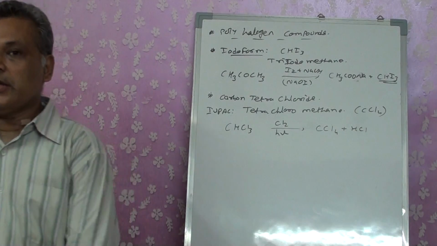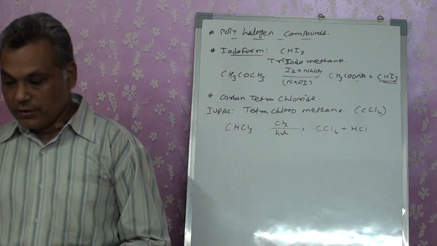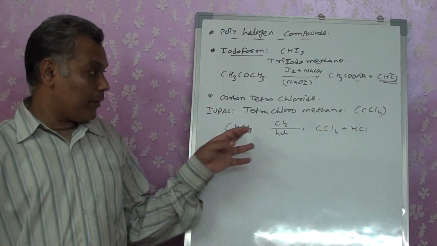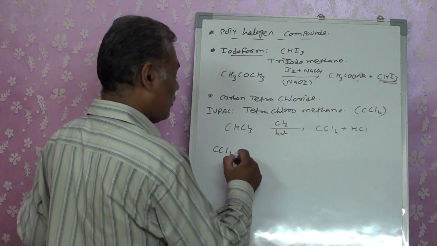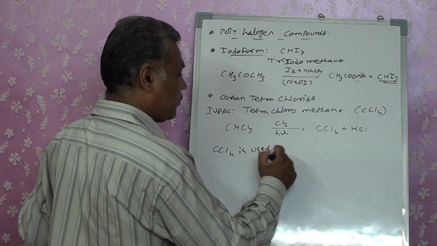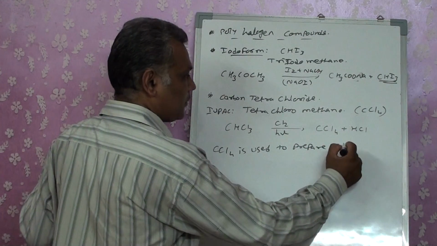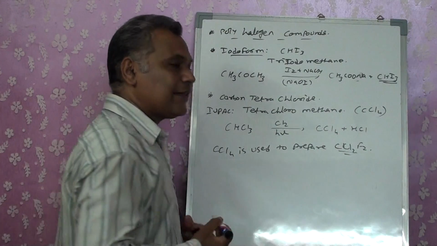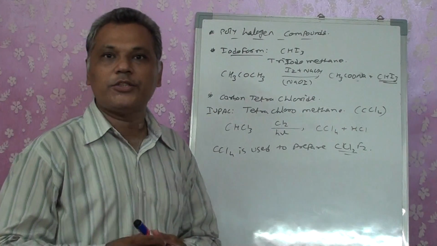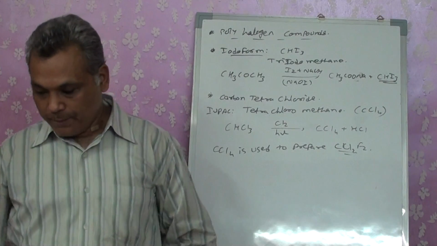Now, what is the effect of carbon tetrachloride? It was used particularly for preparing CCl2F2, which is used as a coolant in refrigerators and air conditioners, known as chlorofluorocarbon, right?